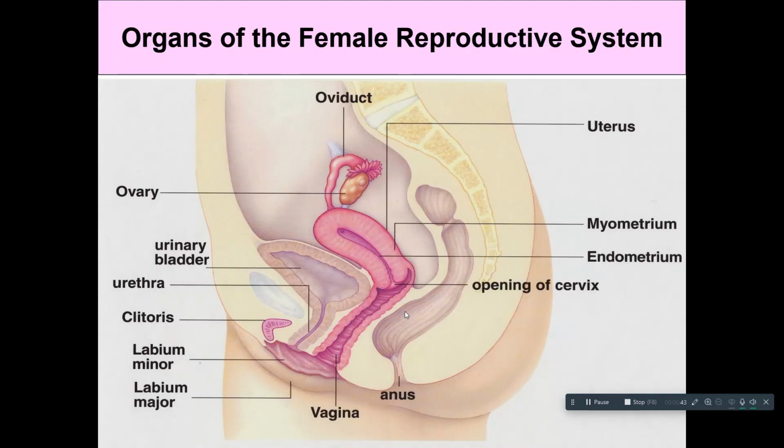Organs we're going to discuss include the uterus, the uterine tube or fallopian tube or oviduct, the ovary, the vagina, as well as the external genitalia. And we'll meet all of these structures as we go through this.